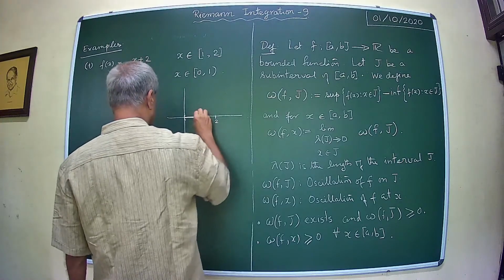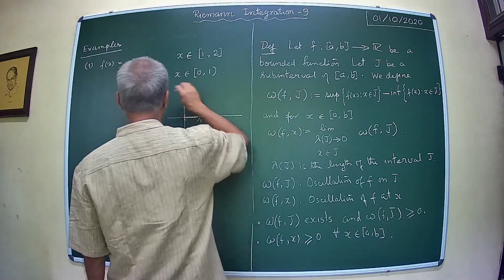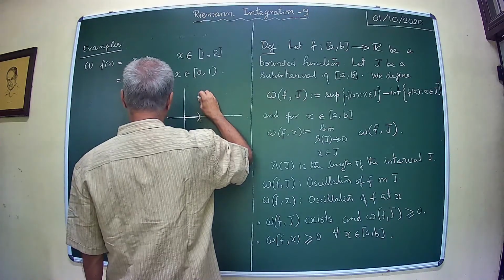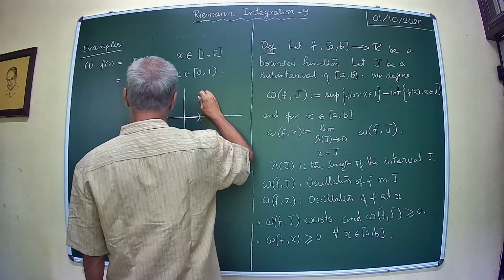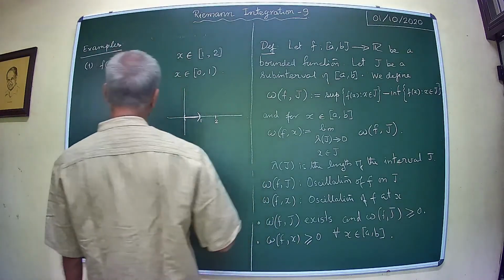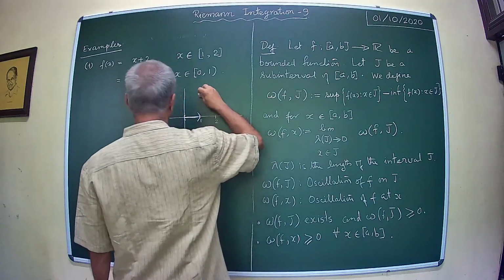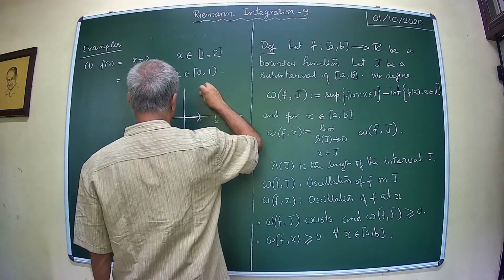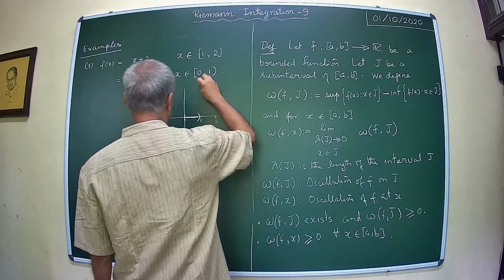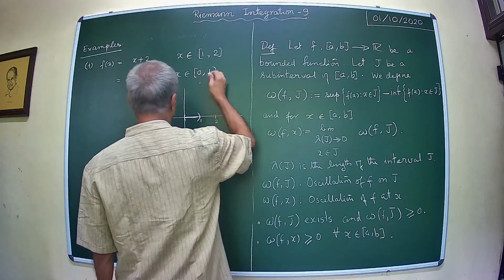This is 0 here, 0 is not included here, and then at 1, okay, the function is, and then having a slope.